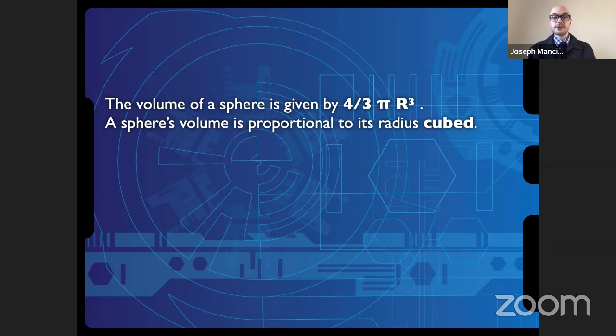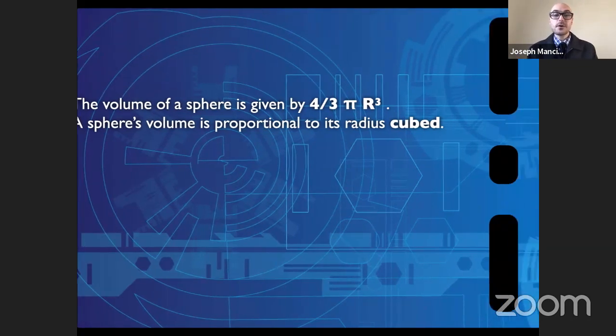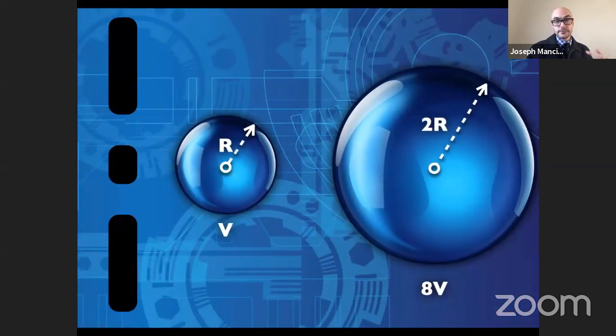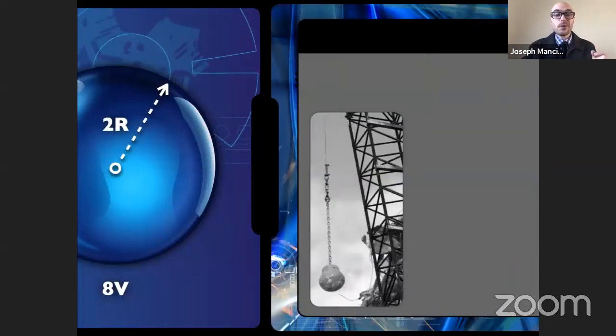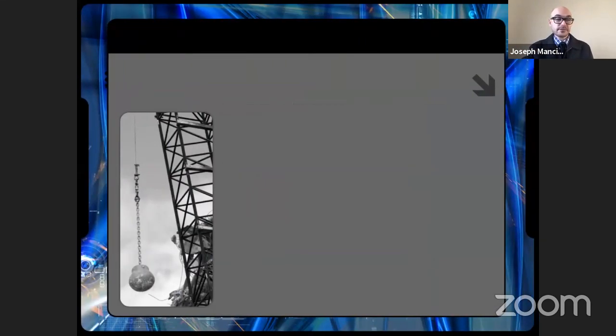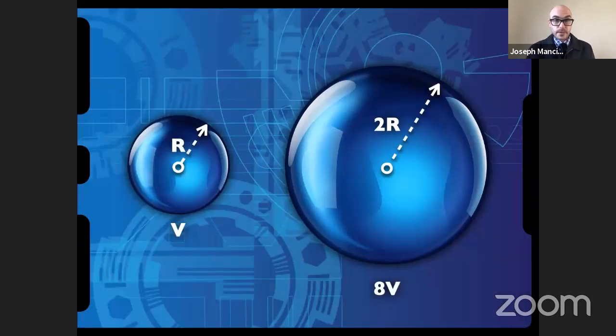That means a sphere's volume is proportional to the cube of its radius, or if you have two spheres, one of which has double the radius of another, the other sphere has 8 times the volume. So on the left, you see a sphere of radius r, and on the right, a sphere of radius 2r. Although the radius is doubled, that's an 8-fold volume increase.